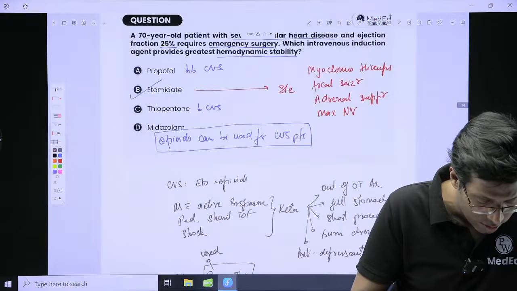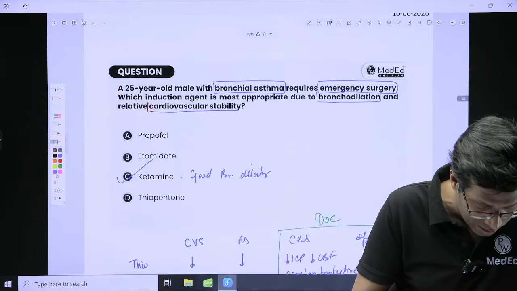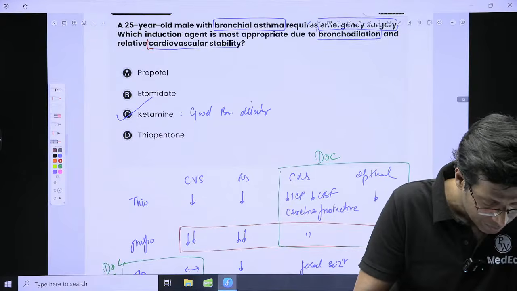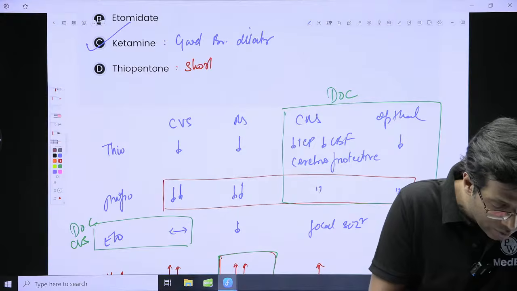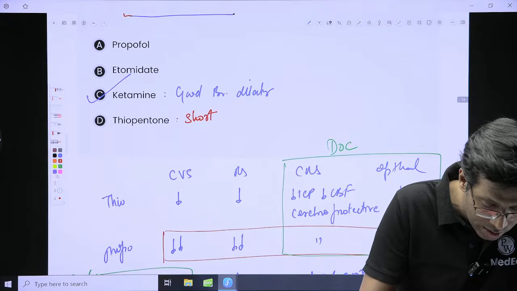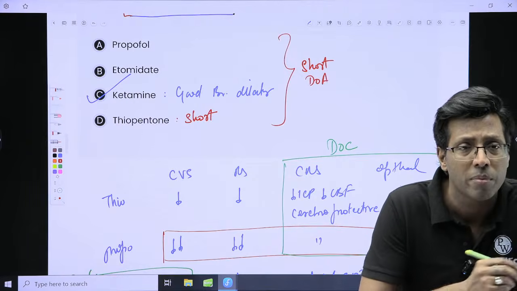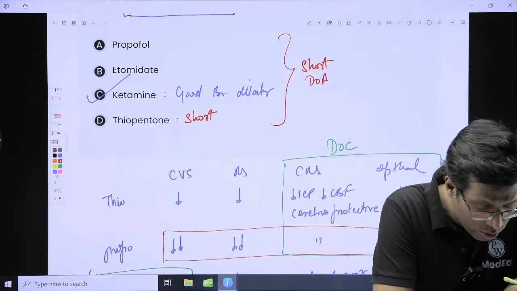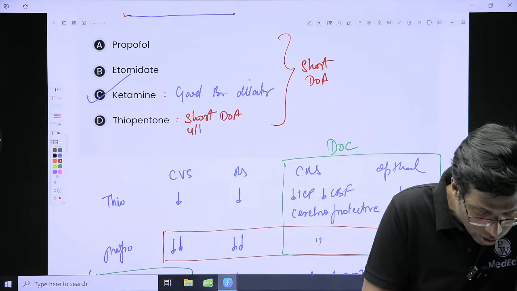One more thing I want to discuss here, thiopentone. A common question that comes in the exam regarding thiopentone is that it's a short acting drug. What is the reason for short acting? In fact, all these drugs relatively have a short duration of action, and thiopentone is called ultra short.